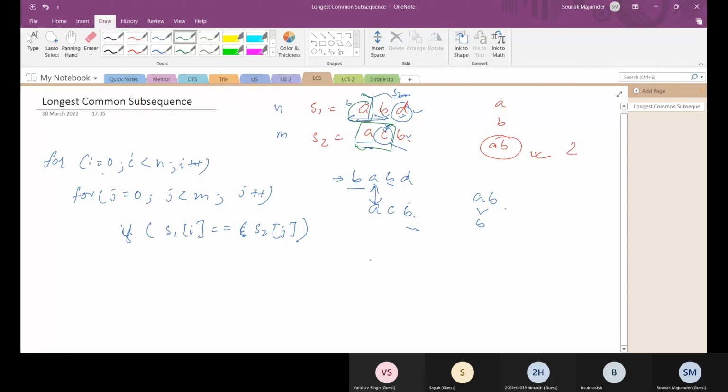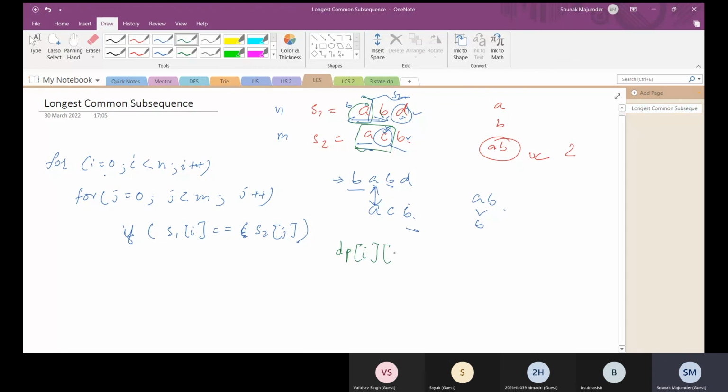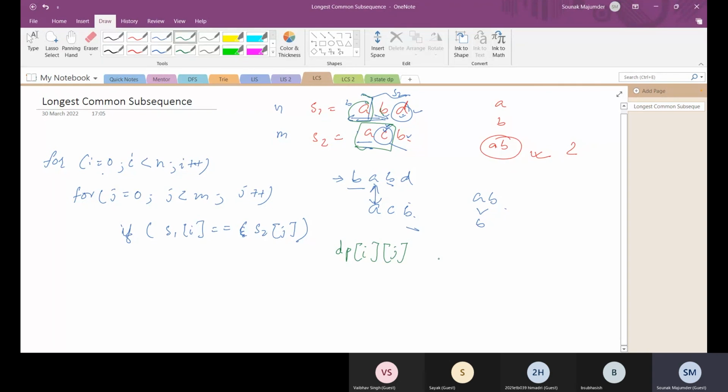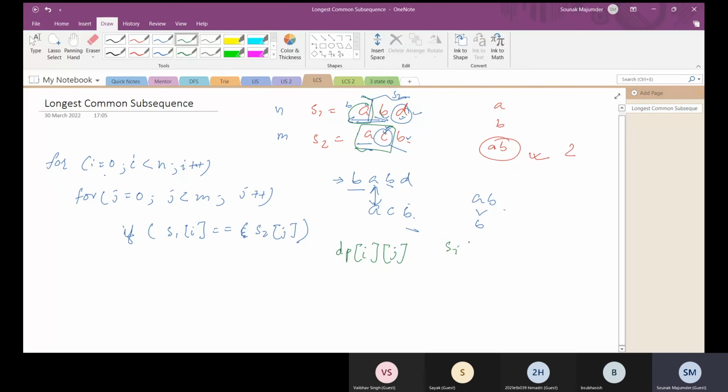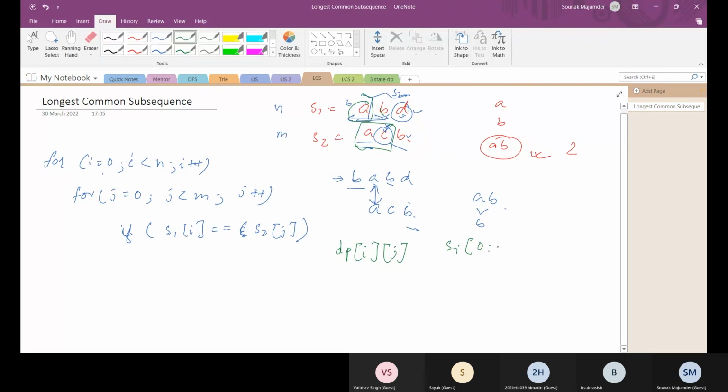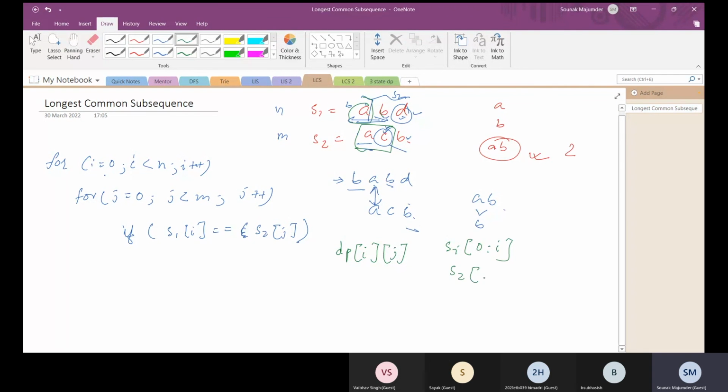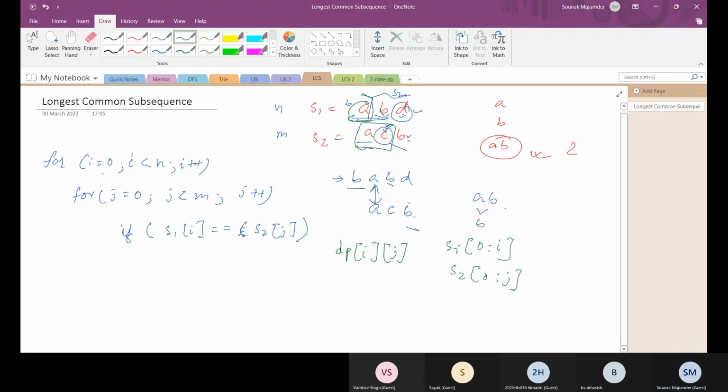So let's understand the DP steps. The two-state DP: dp of i and j is the LCS among the substrings s1 0 to i and s2 0 to j. Here we are matching s1 of i and s2 of j, so we need the LCS among the previous elements.